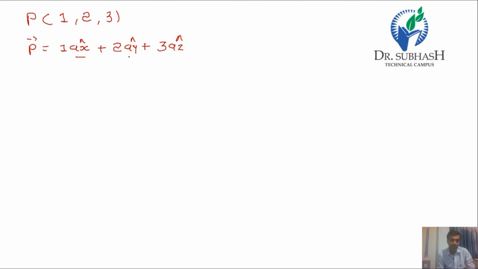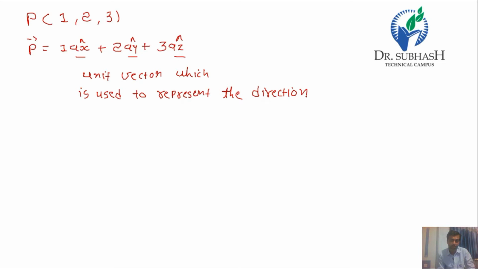Here ax, ay and az are unit vectors which are used to represent the direction, and 1, 2 and 3 are the components in the x, y and z directions.